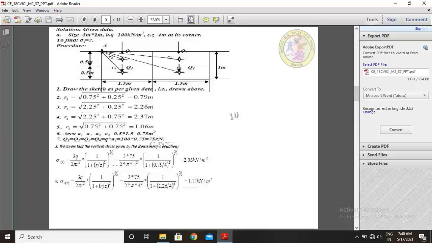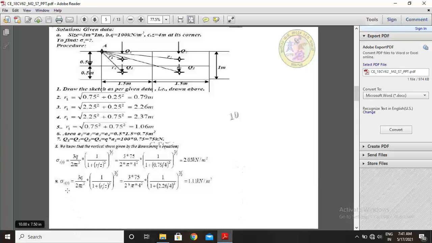Now substitute the values in equation 1. Q is 75, z is 4, and r is the radial distance, 0.79, by z is 4. While solving this equation, we are getting the value 2.03 kilonewton per meter square.